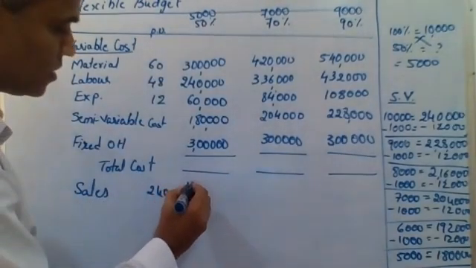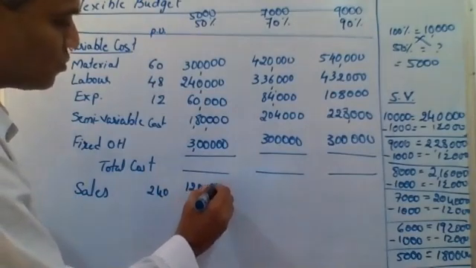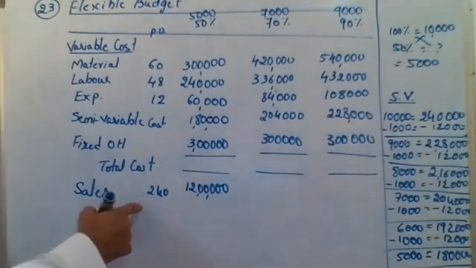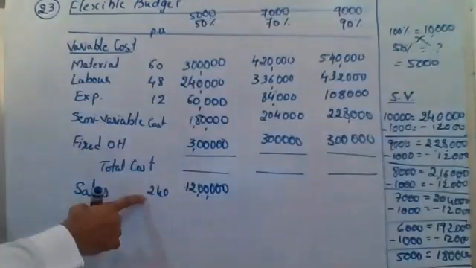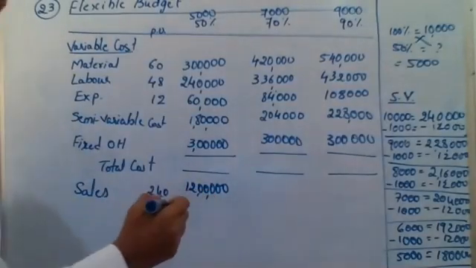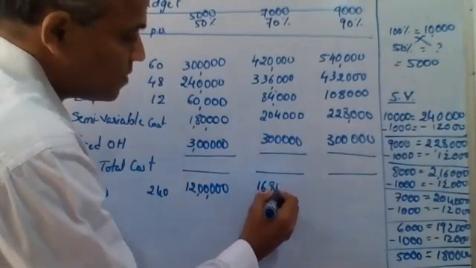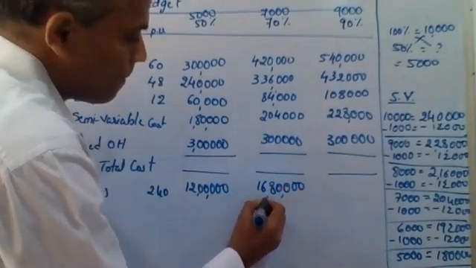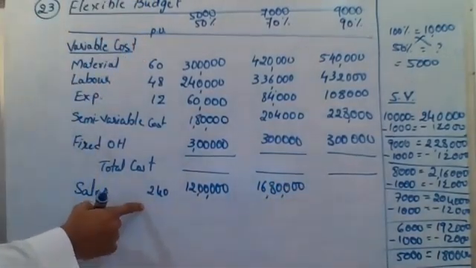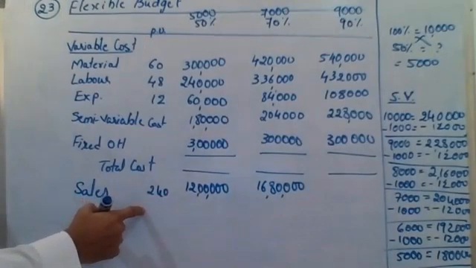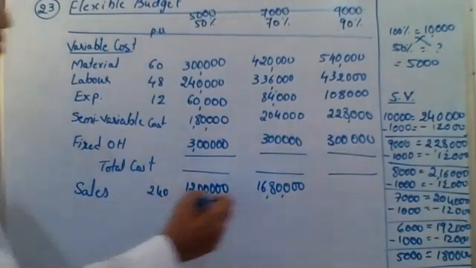That will be your sales at 5,000 units or 50% capacity. 7,000 into 240 gives you 16 lakhs 80,000 as the sales. And 9,000 into 240 gives you 21 lakh 60,000.